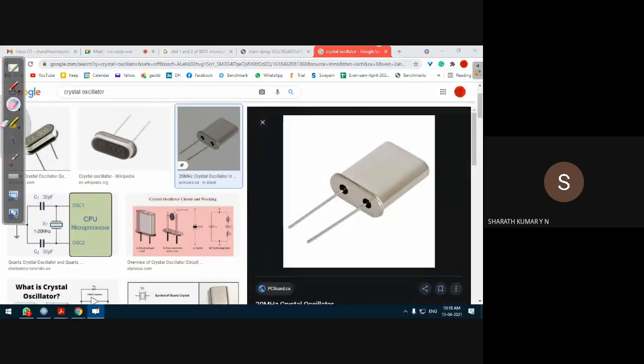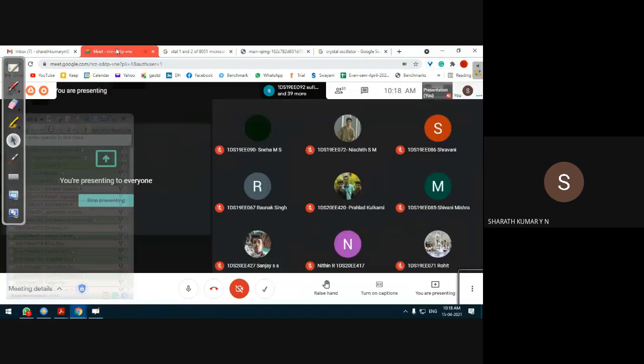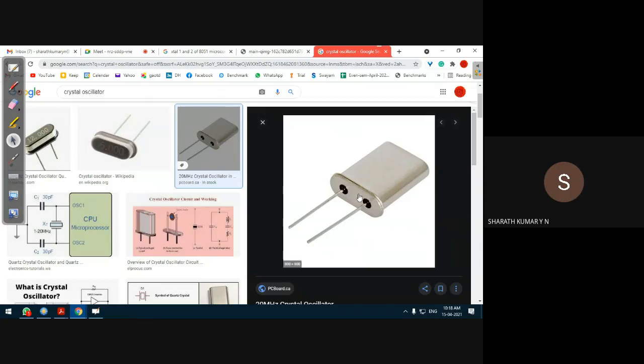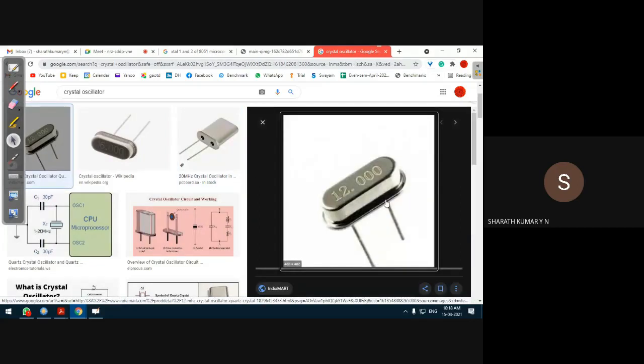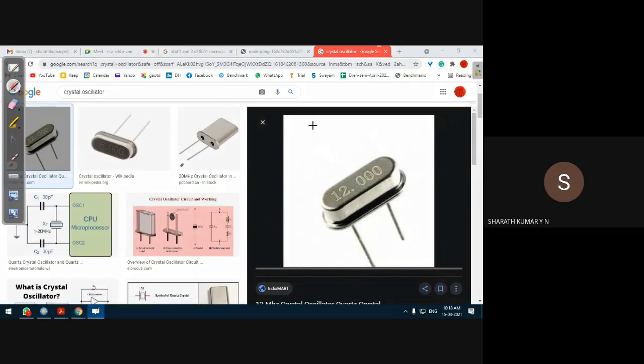This kind of oscillator is used in your microcontroller, and the frequency of the crystal output will be printed on the crystal oscillator. In some crystal oscillators it will be printed, something like this. What is the unit of this oscillation?